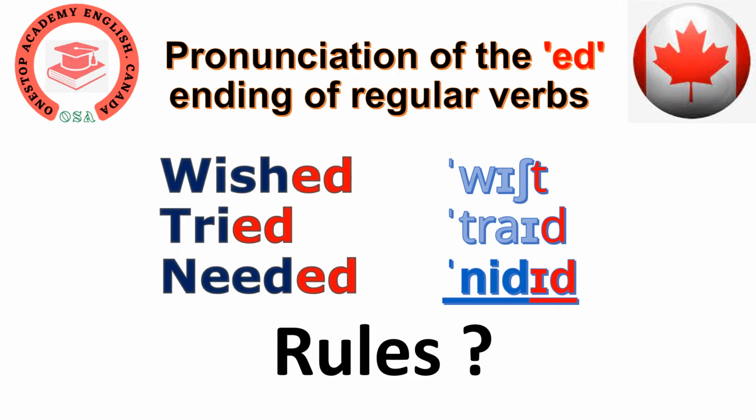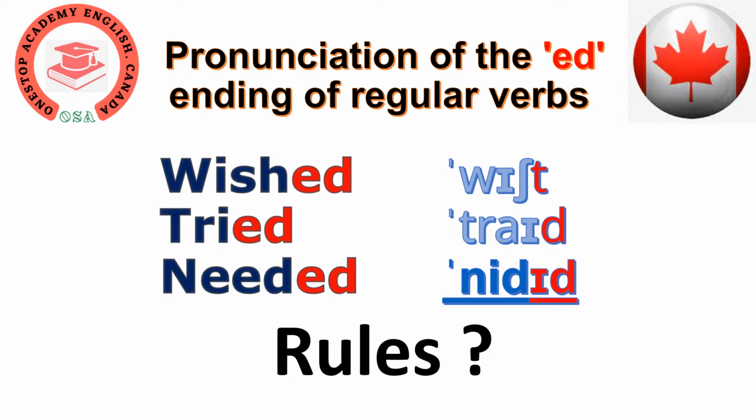Today we will learn the pronunciation rules for the ed ending of the regular verbs. The ed ending in the past tense verbs in English can have three sounds: t, d, and id, such as washed, tried, and needed.